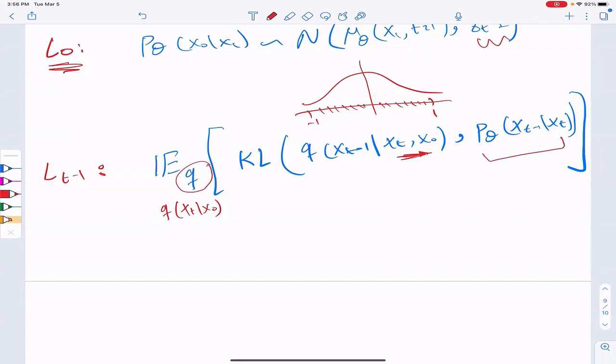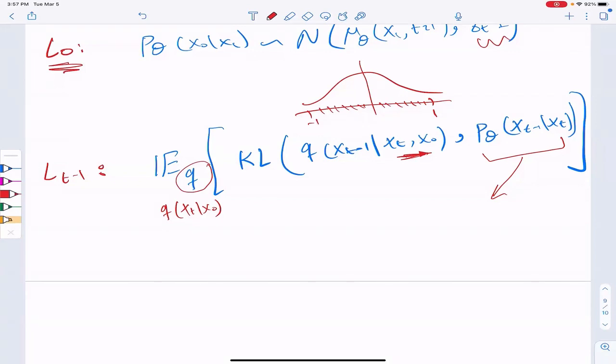All right. So let's see if we can compute this KL. Let's start with this term, P theta of xt minus 1 given xt. Do we have an understanding of this term? Yeah, that's basically the modeling that we have.